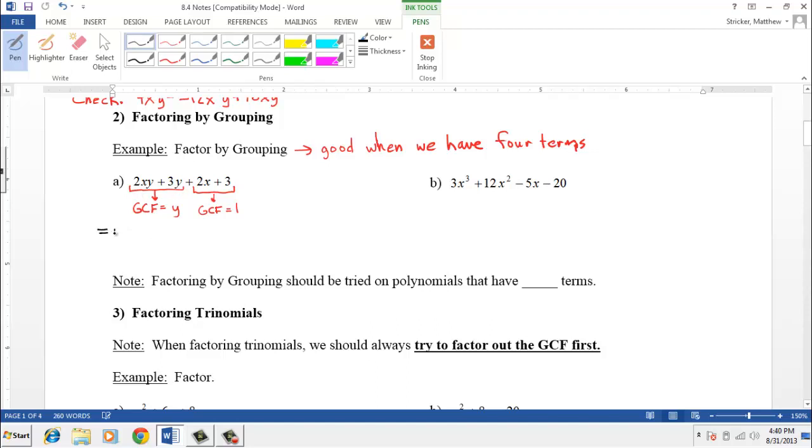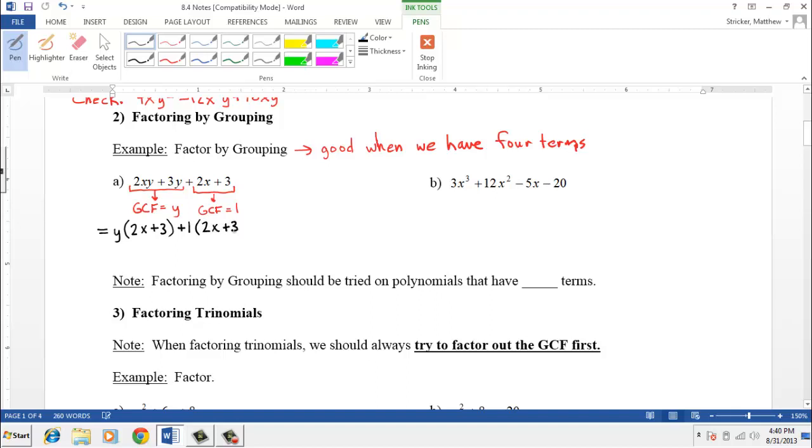So in this case, if we factor a y out, what's left is 2x plus 3. And the 2x plus 3 should look familiar because that is our second group. And so, if I pull the GCF out, which in this case is 1, what's left is 2x plus 3.